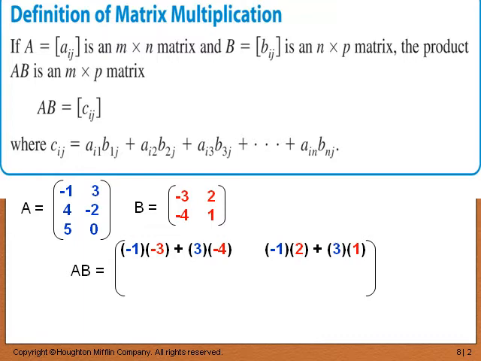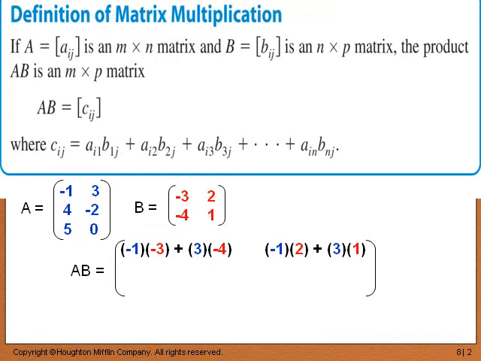Now, moving on to the right, you see it says -1 times 2 plus 3 times 1. All we did there is we took the first row of the left-hand matrix and multiplied it by the second column of the right-hand matrix. We get -1 times 2 plus 3 times 1. And that gives us the element that's in the first row and the second column of the product matrix.